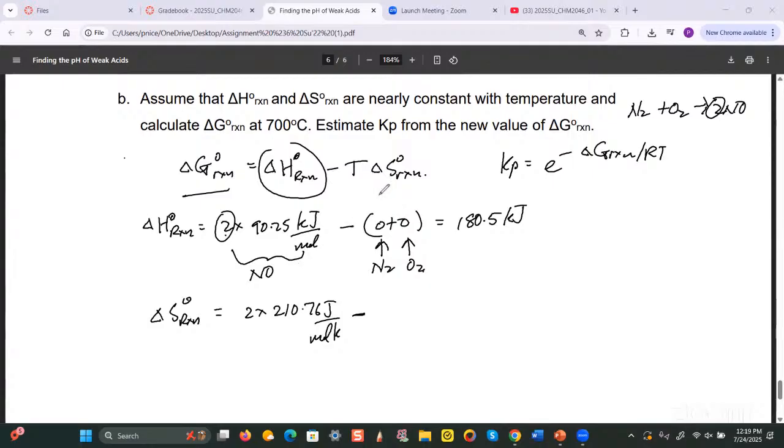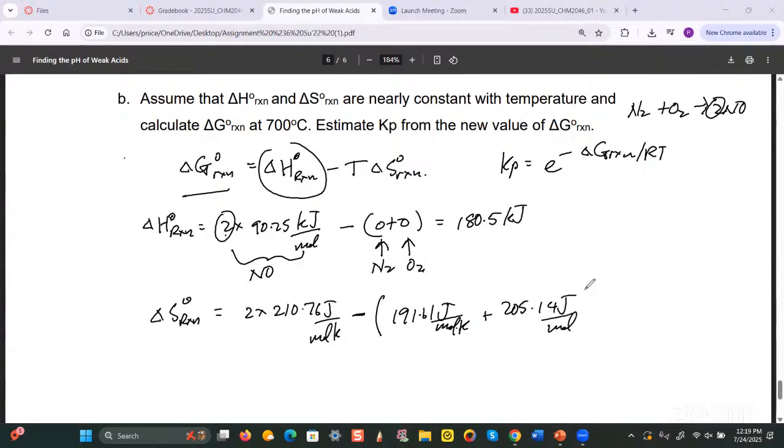So when you go to the table, you see that for the reactants, the value here is 191.61 joules per mole Kelvin. I'm confusing the units too. Plus the value for the O2, which is 205.14 joules per mole Kelvin.